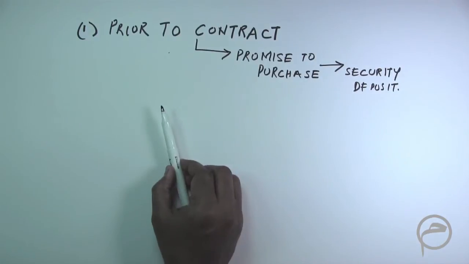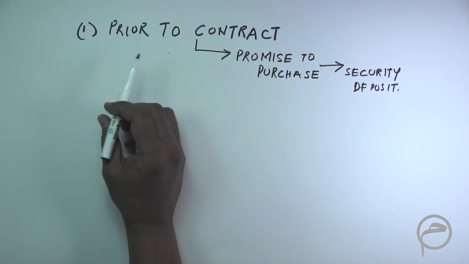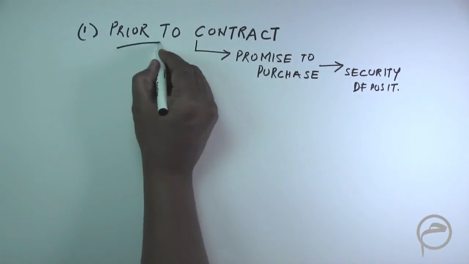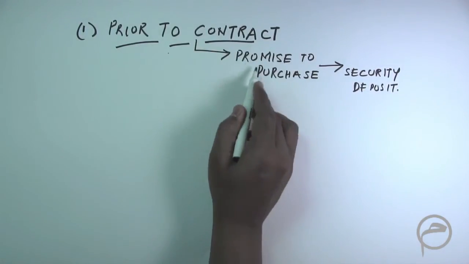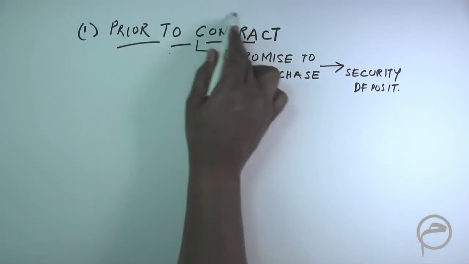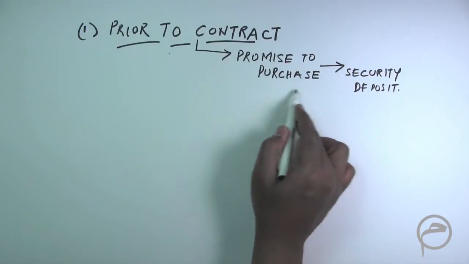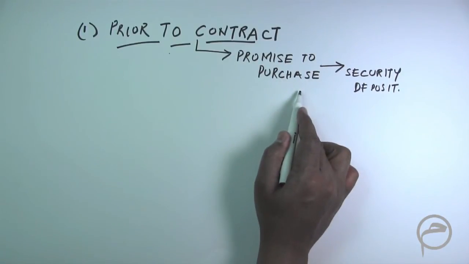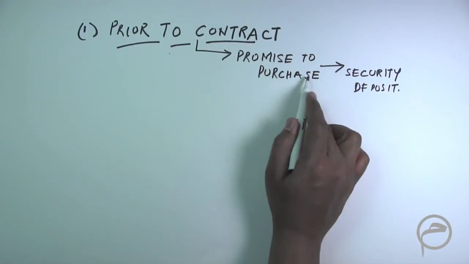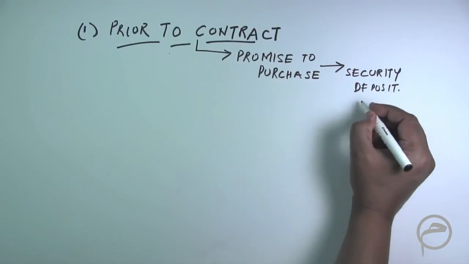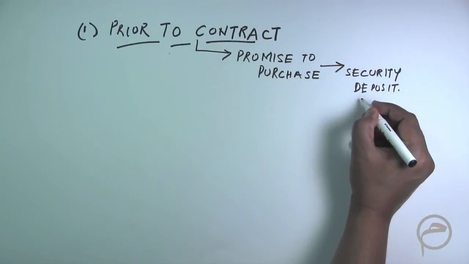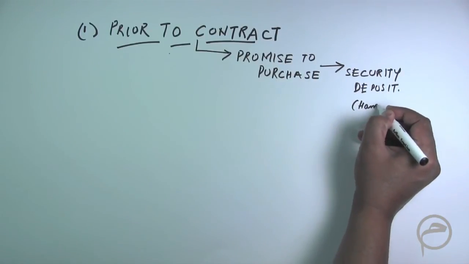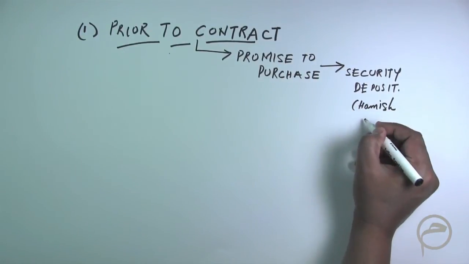Now let us talk about the principle of prior to contract. The important part in this principle is with reference to promise to purchase. And under promise to purchase, an important thing which we have to understand is the security deposit, also called Hamish Jiddiya.